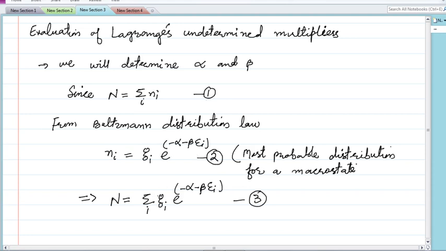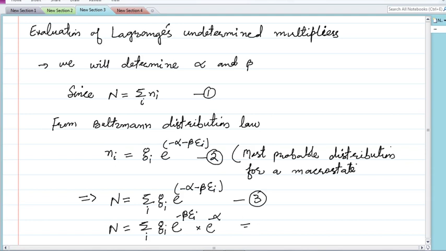So we got this equation. So this relation can also be written as n will be equal to summation I gi e raised power minus beta ei, we will separate these two, multiplied by e raised power minus alpha.